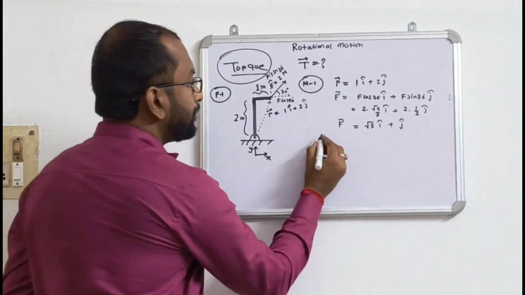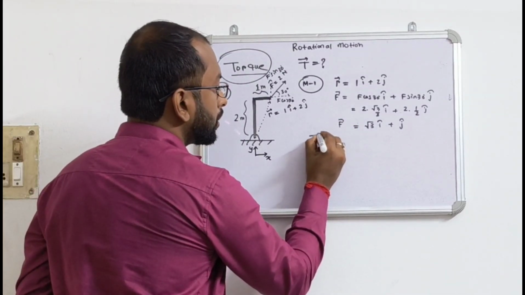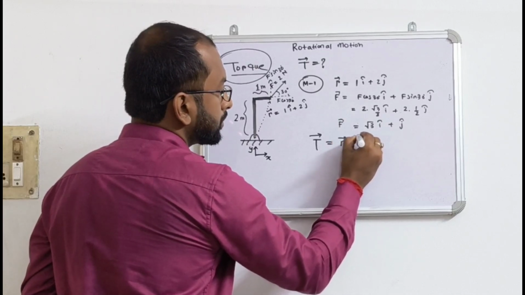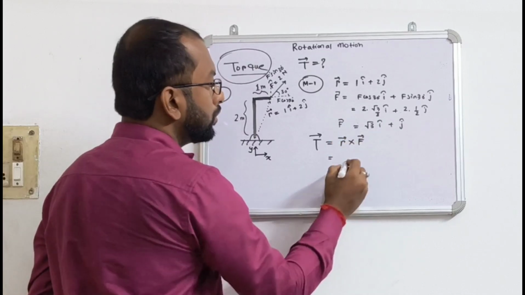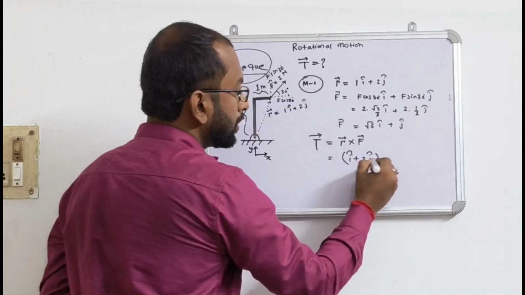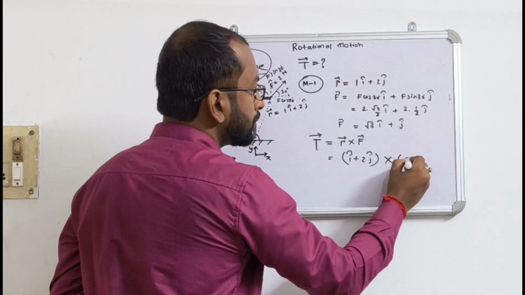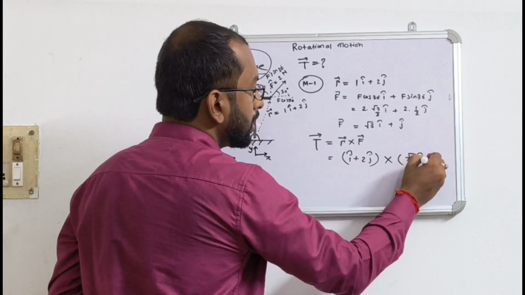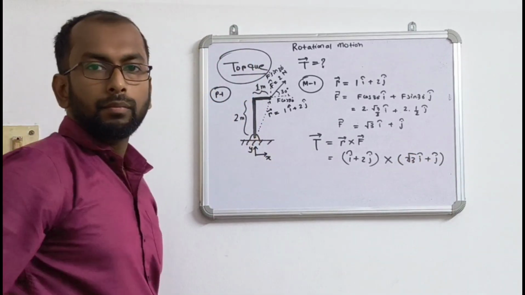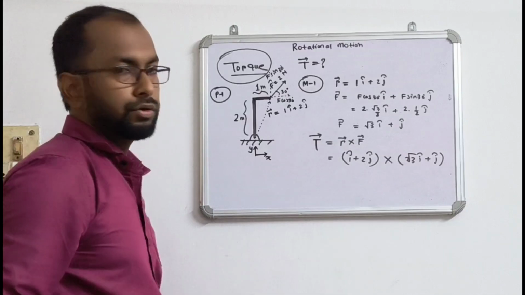Now as you know, torque is R cross F. Now i cap plus 2 j cap cross root 3 i plus j. We can do this cross product and we can find out the amount of the torque.